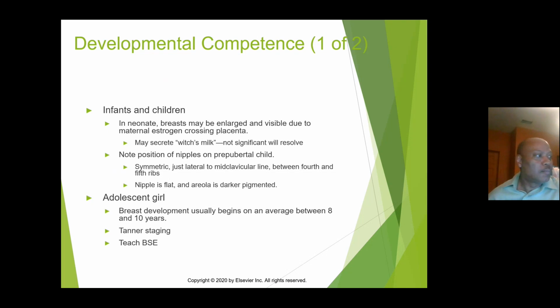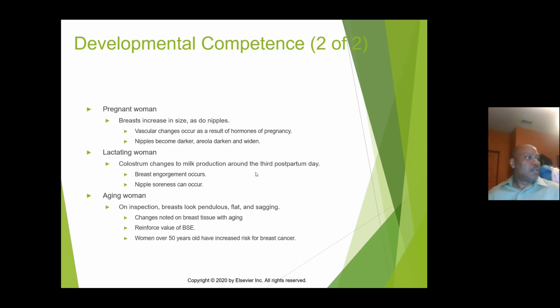All right. Now take a look at the breast changes that occur in a pregnant woman. Vascular changes occur as a result of the hormones of pregnancy. The nipples can become darker, and the areola not only darkens but becomes more wide.